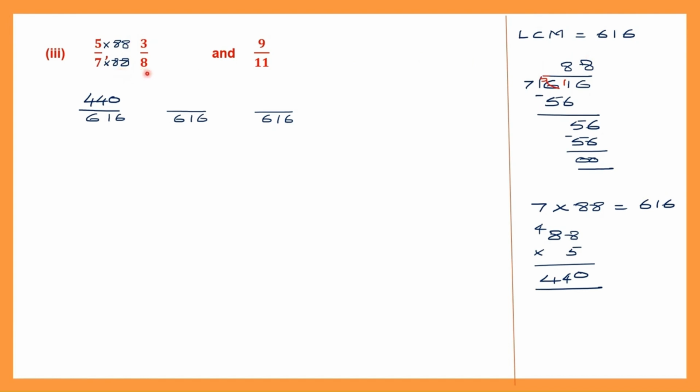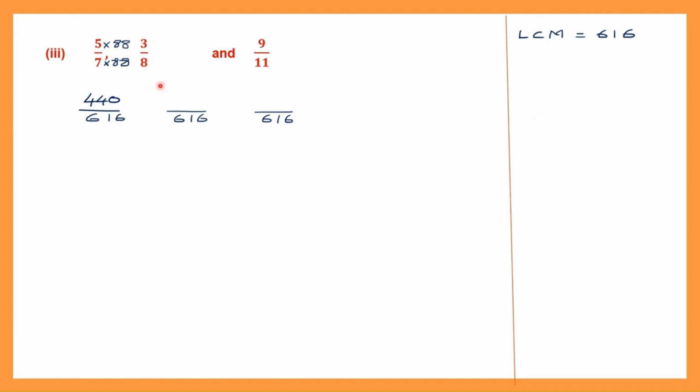Now we should do the same thing with the second fraction. The second fraction is 3 by 8. The denominator is 8. So we're going to divide the LCM, which is 616, by 8. 8 sevens are 56, minus, let's subtract now.